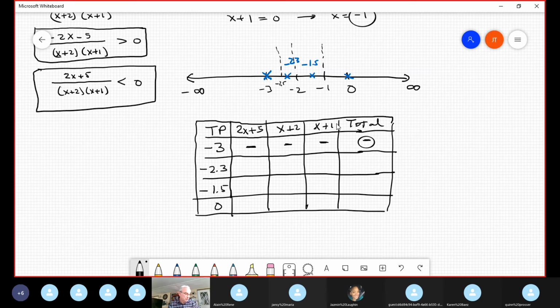Plus 5 is positive. It's obvious it's positive here, it's positive here, right? You can do simultaneous if you want. This is negative, because negative 0.3 is negative 0.3, but this is positive, and this is positive. And 2.3 here is negative, and positive. So this is positive, this is negative, and this is positive.